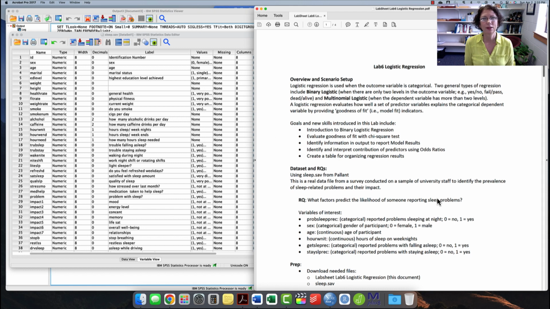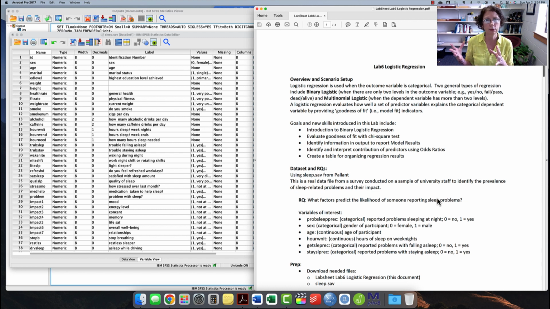Hi, welcome back to our lab of logistic regression running on the SPSS platform. So logistic regression is going to be used when we have an outcome that is categorical. And for our lab here, we're running the binary logistic because our outcome has two potential values.